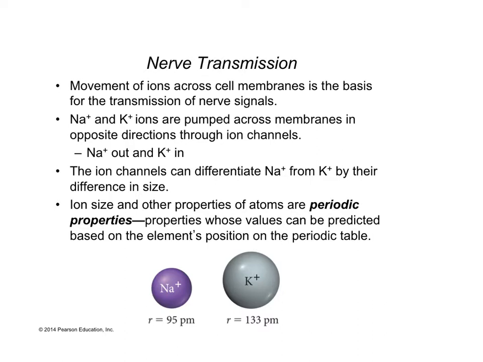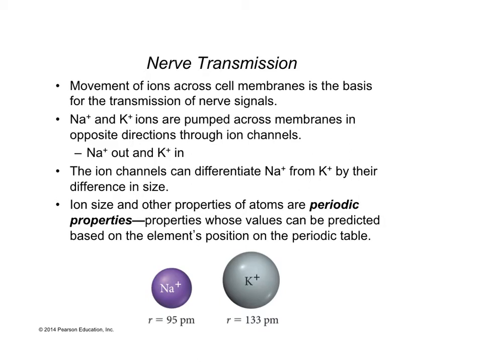There are little pores in our cells that pump sodium out of our cells and potassium in, and that's how we transmit these little nerve signals. These pores are specific to sodium and potassium. Potassium cannot go through sodium's pore and vice versa, right? Both of them, sodium and potassium, have the exact same charge, right?